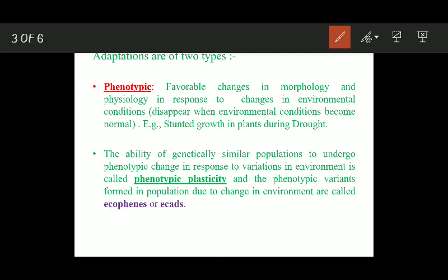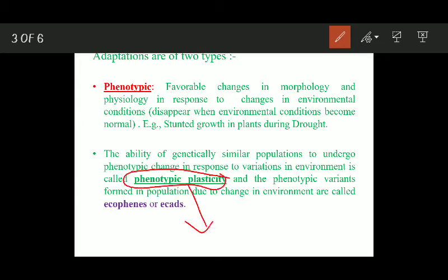The ability of genetically similar populations or organisms to undergo phenotypic change in response to change in environmental conditions is called phenotypic plasticity. जितना ज़्यादा change एक organism दिखाएगा in terms of its morphology and physiology, उतना हम कह सकते हैं कि उसकी phenotypic plasticity है.